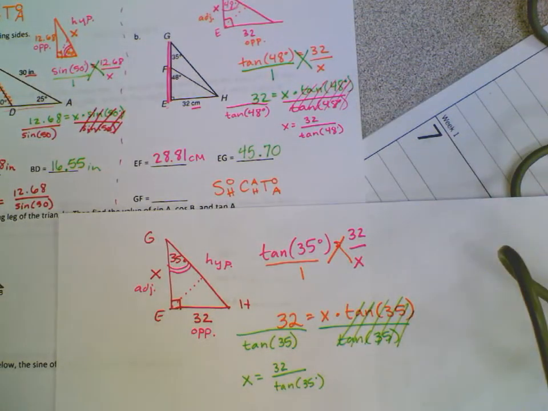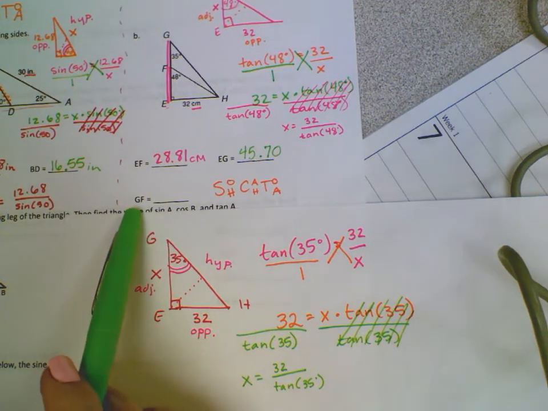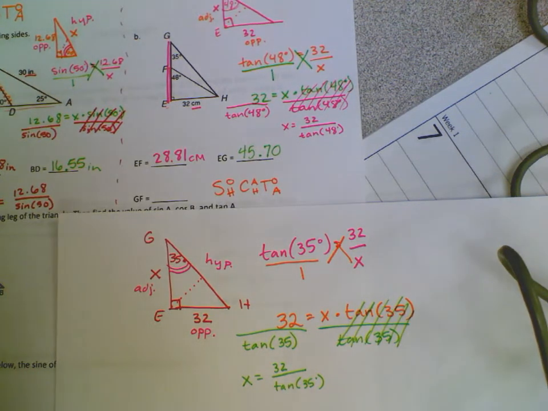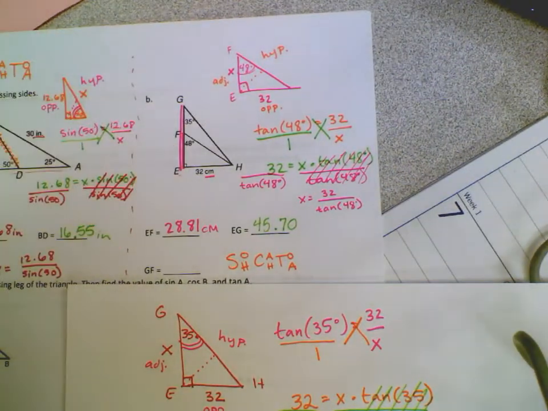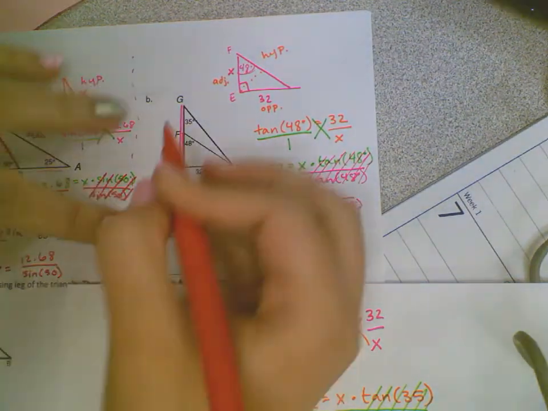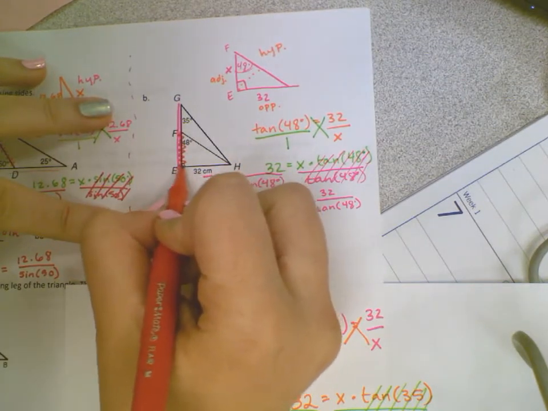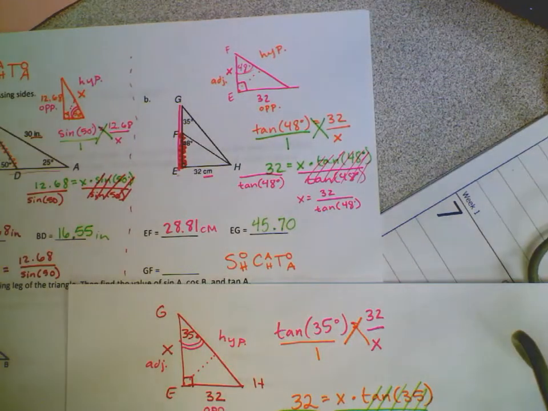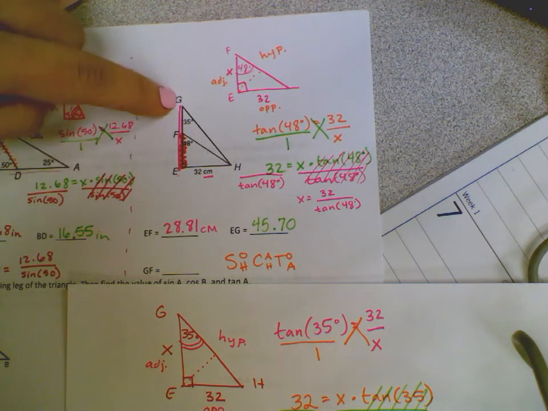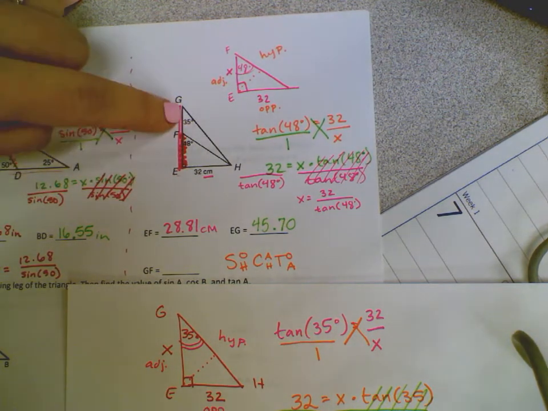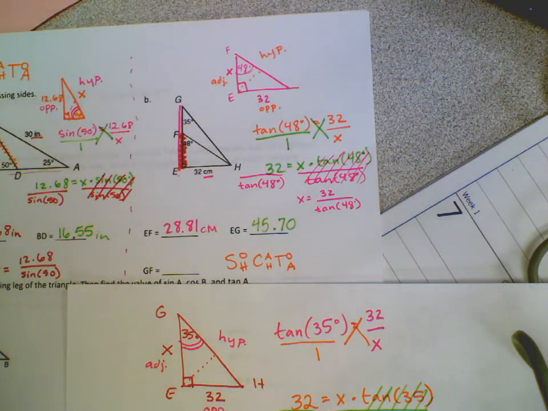Now, it's asking me for the length of GF. So, if I found the length of, let me highlight it in a different color. I found this length right here. I found this whole length in pink. So I can do the whole pink length minus the red length to give me FG.